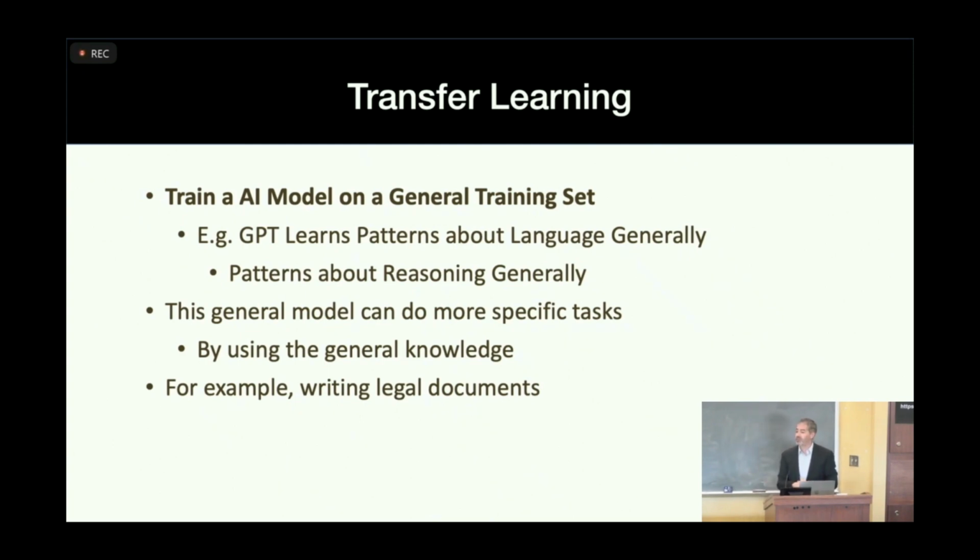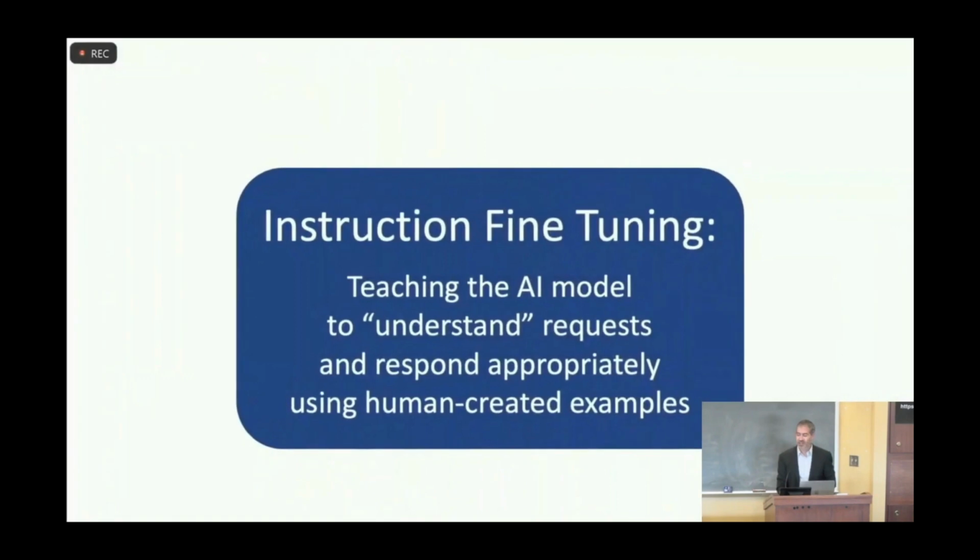That's called transfer learning, rather than creating an AI system that did a very narrow thing like driving a car, which itself was kind of amazing. It says, let's just make this general thing and see if it can do anything. And it can.